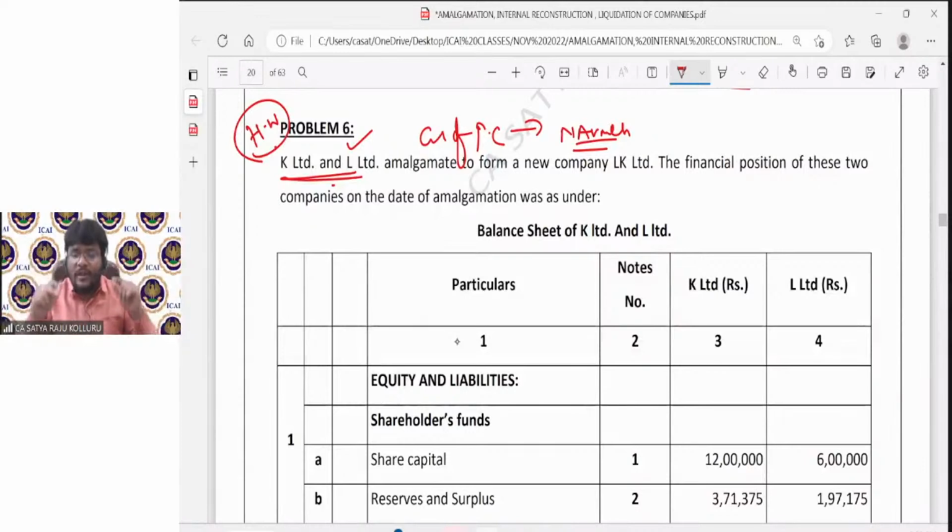If you are unable to resolve the problem, somewhere you get stuck, then you can take the help of the solution. What mistake was done by me, where I committed the mistake, you can cross verify. Then accordingly rectify your problem and complete the problem. Definitely that way of completing the solution will give much more confidence, which will help to resolve any difficult problems which they might ask in the examinations.